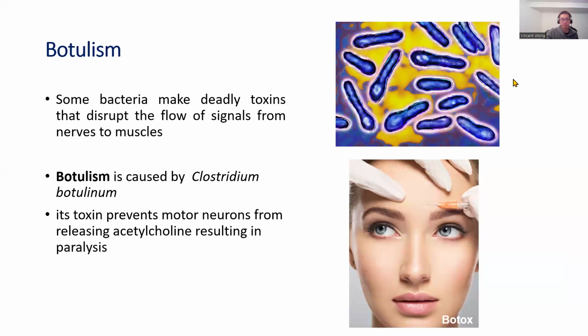Okay, botulism. Some bacteria make deadly toxins that disrupt the flow of signal from nerve to muscle. An example of that is botulism, which is caused by Clostridium botulinum. You might not have heard of Clostridium botulinum, but you probably are familiar with Botox. Botox is the same toxin derived from the bacteria, and it causes muscle to become paralyzed, but very mildly, and is usually injected under the skin.